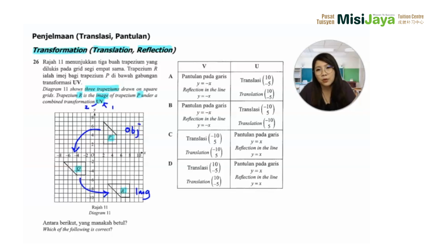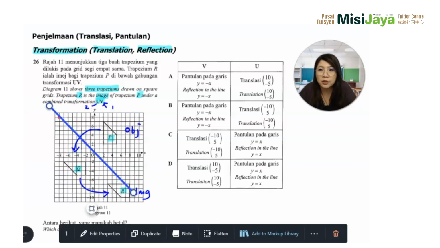From P to Q is actually a reflection, and we have to find the line of reflection. The line of reflection is this way. When it's 2, -2, when it's 8, -8, and here 8, -8. I'm going to use a ruler and join them together to get the line of reflection.